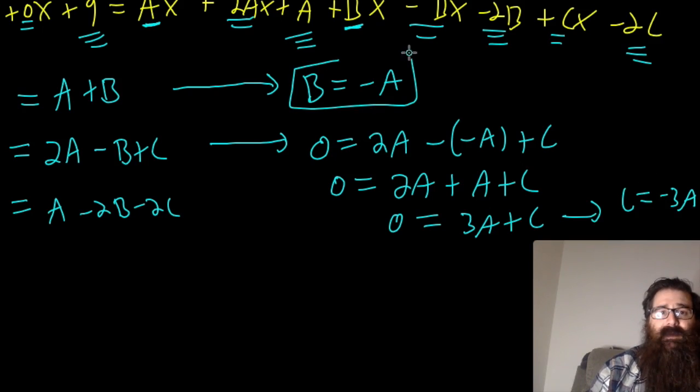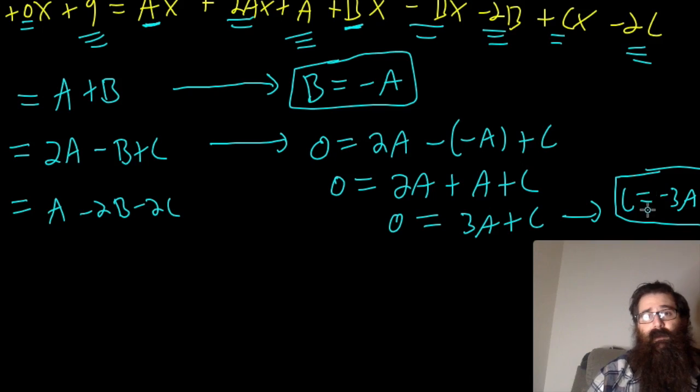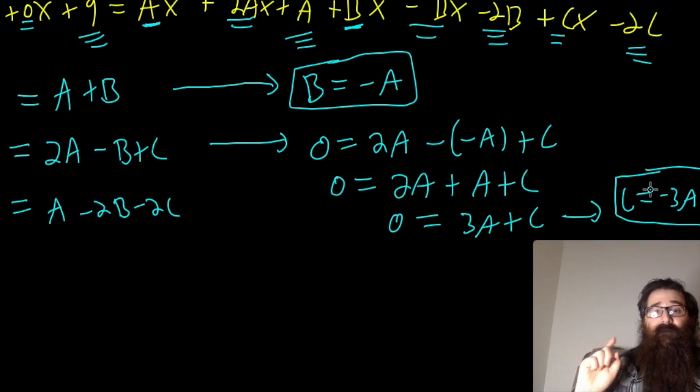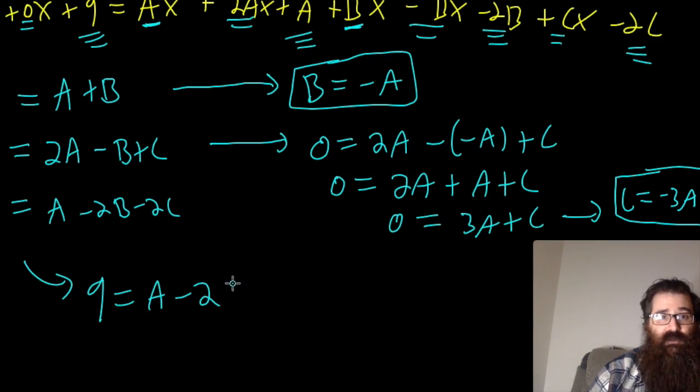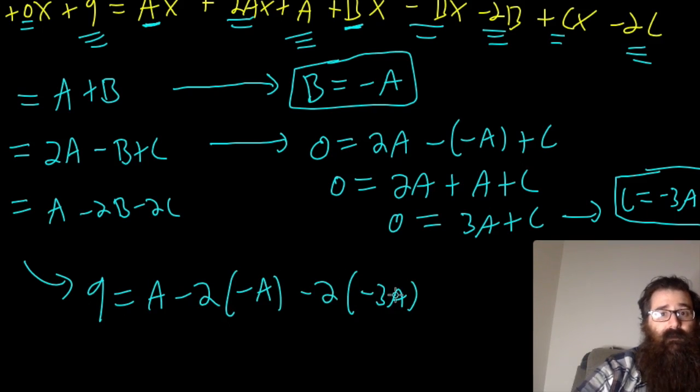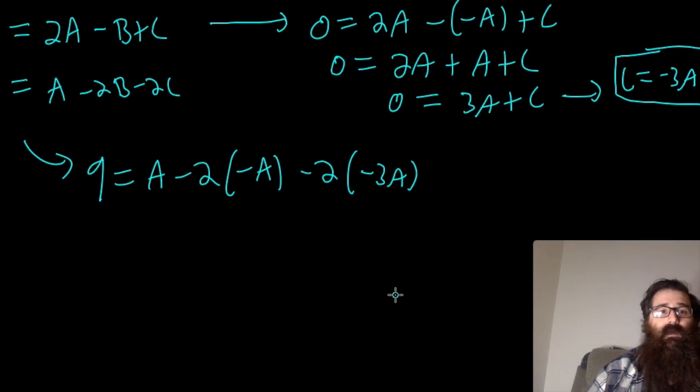So I know that b is equal to negative a, c is equal to negative 3a. And I can go into that third and final equation, and I can get everything in terms of a and solve for a and then backtrack. So we'll say, okay, so then 9 is equal to a minus 2 times b, but b is negative a, minus 2 times c, but c is negative 3a. What is this going to become?